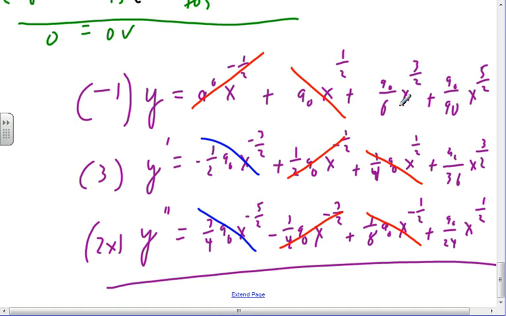So I get minus 1/6. I get 3/36, which is 1/12, plus 1/12. And then I get another 1/12, plus another 1/12, which is 0. I don't have to do that in my calculator either. So that guy is 0 as well. And now I got a solution that's checking, and I'm good to go.